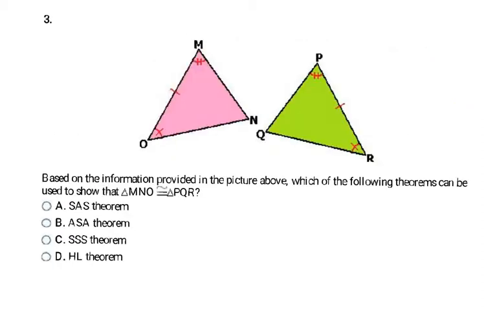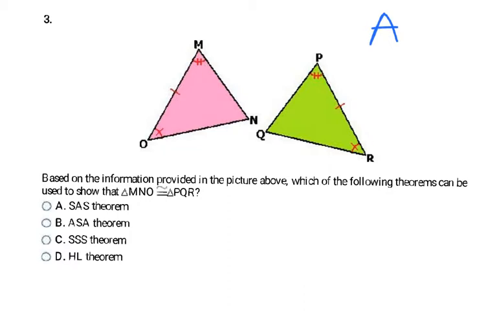This question also asks us to identify the theorem that proves that triangle MNO is congruent to triangle PQR. So I'm going to look at where I have tick marks. I have one angle pair, one side pair, and then another angle pair.